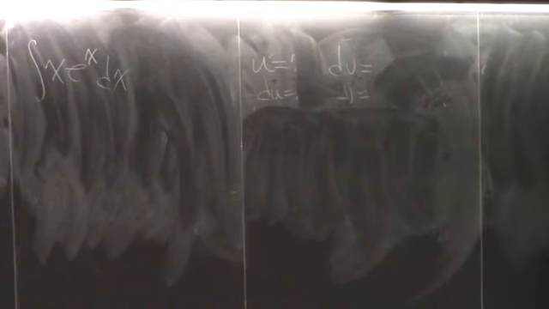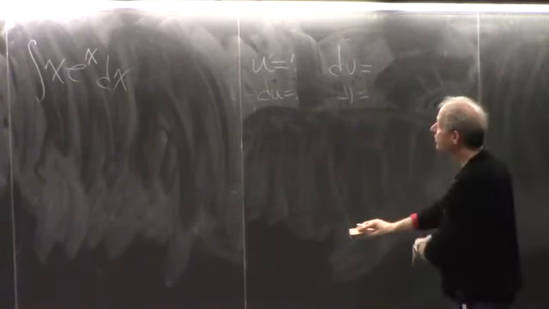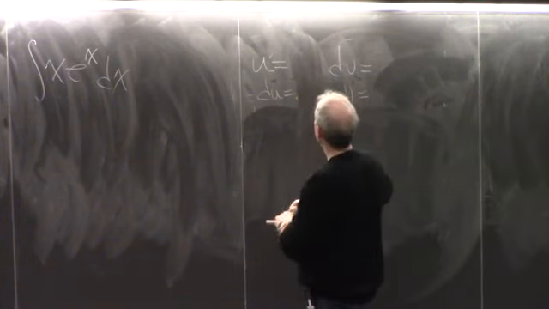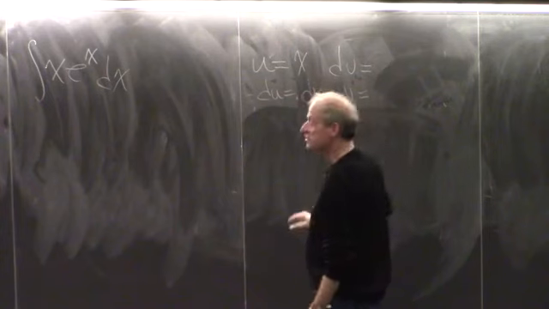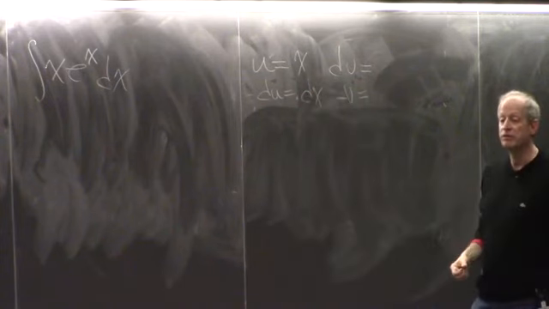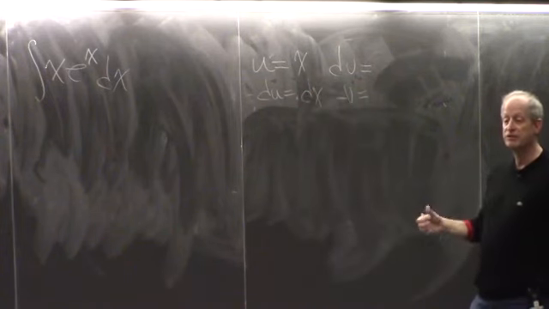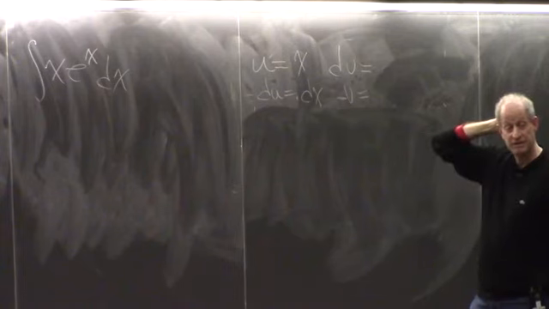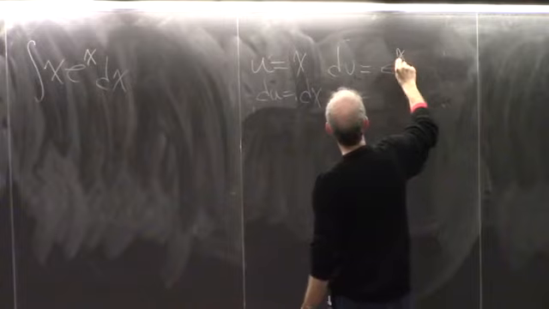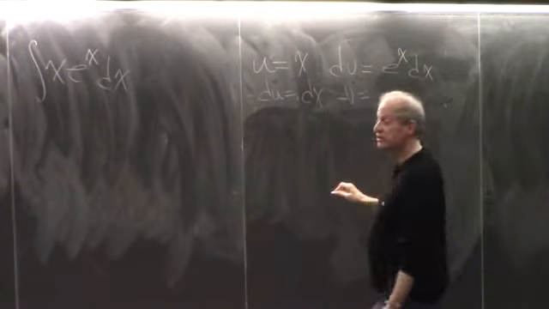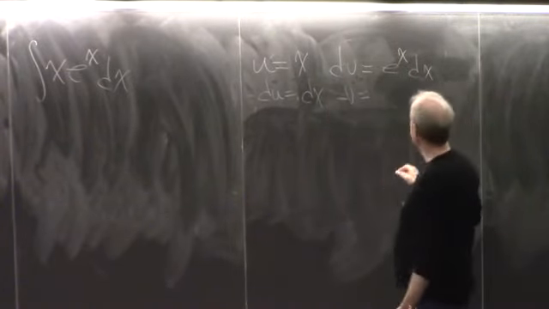I just have two different functions in there. So if I let u equal x, du is just dx, because that's the derivative of u. dv would be e to the x dx. And what's the integral of e to the x? e to the x, our favorite one.